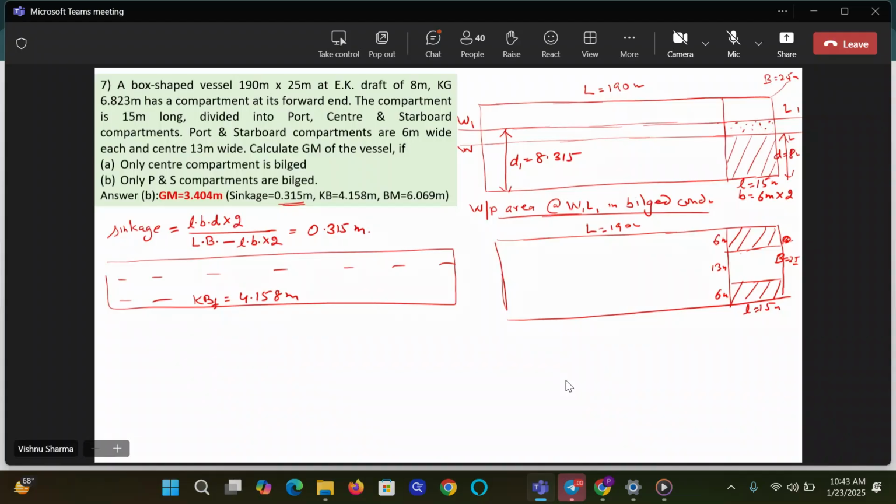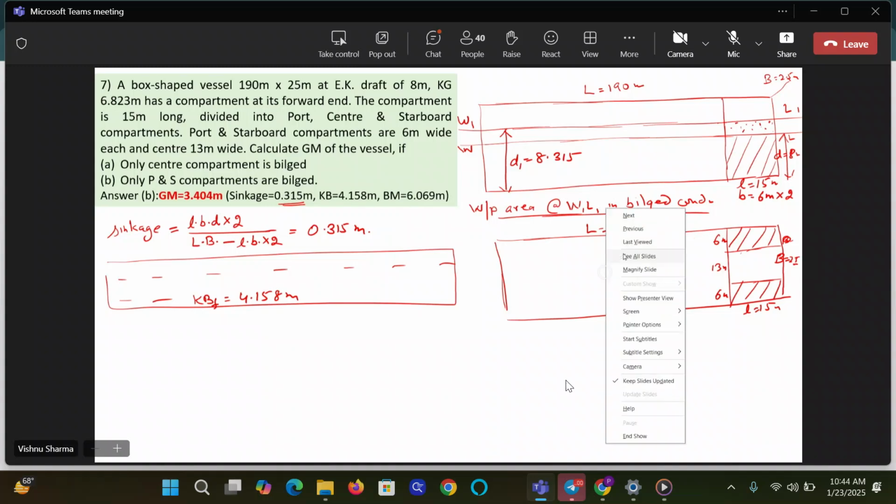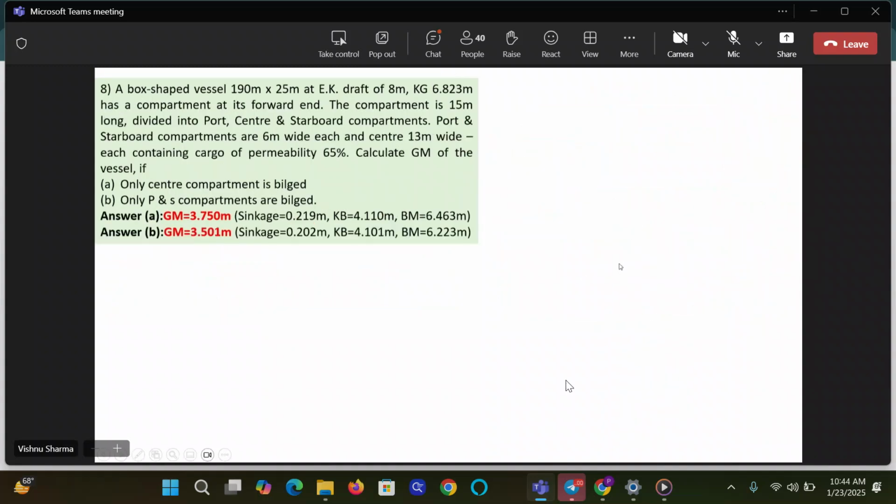First, KB everybody is done, guys? Yes or no? Yes, sir. Okay. So center of flotation will be on the center line slightly aft of midship, doesn't matter how much aft.